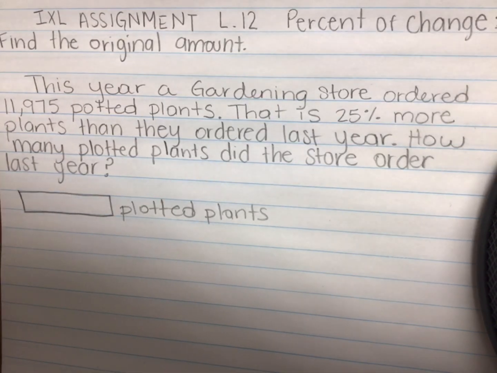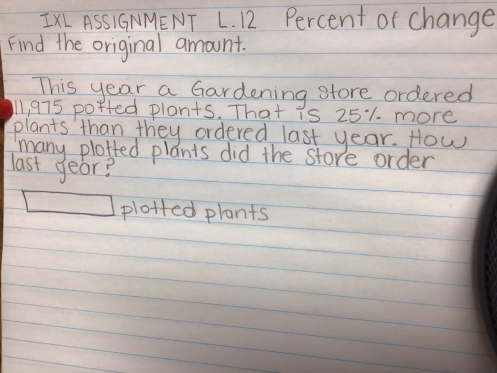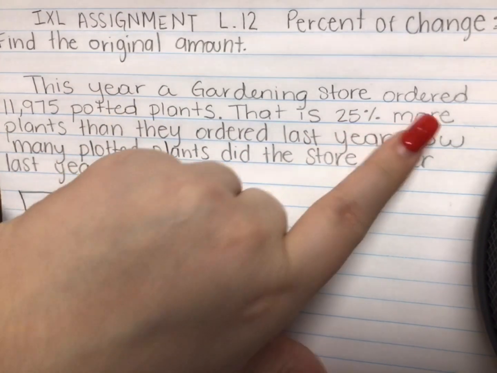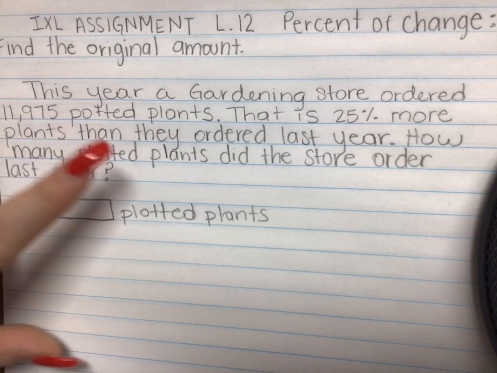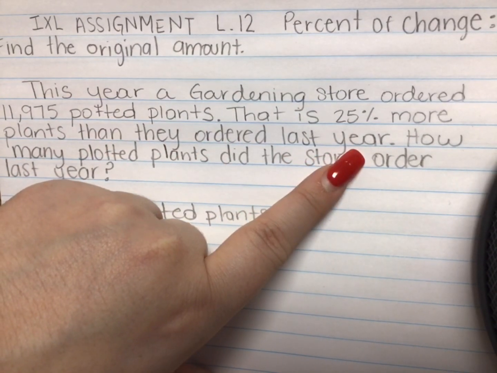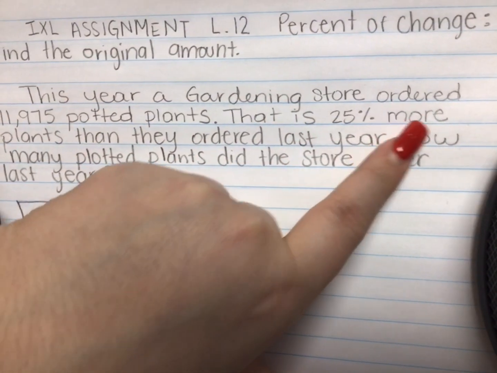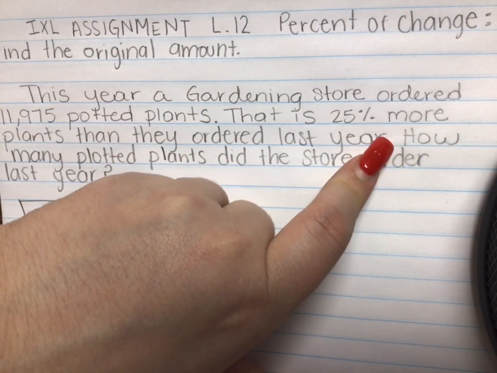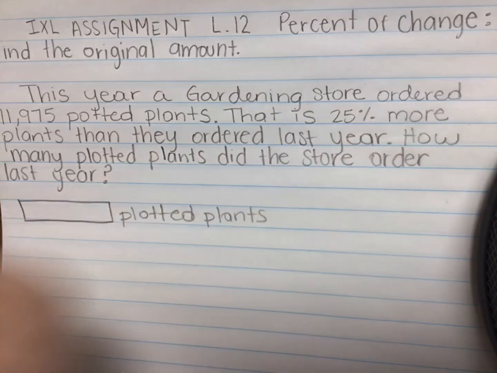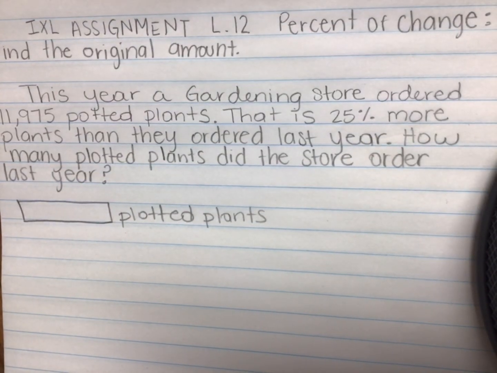So that's going to be the total amount that they ordered this year. But then it says 25% more plants than they ordered last year. So 25% more, keyword more, means that you're going to have to add 25%.